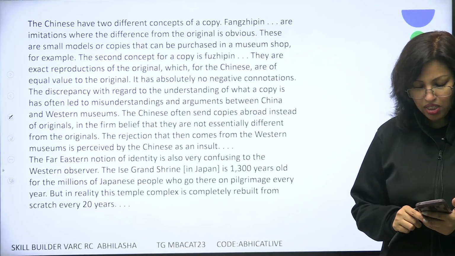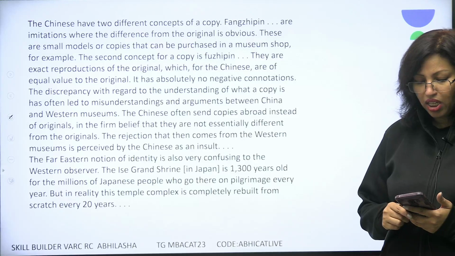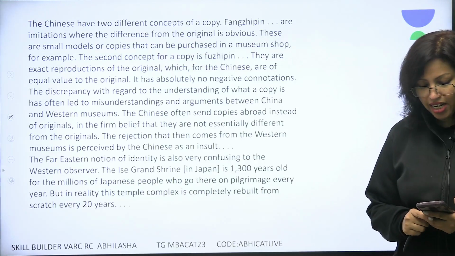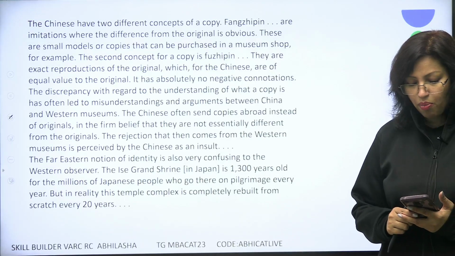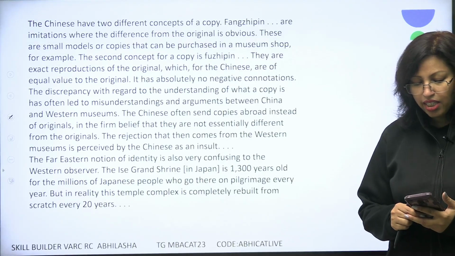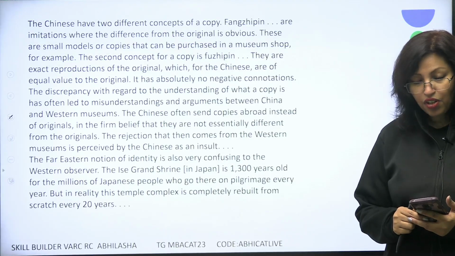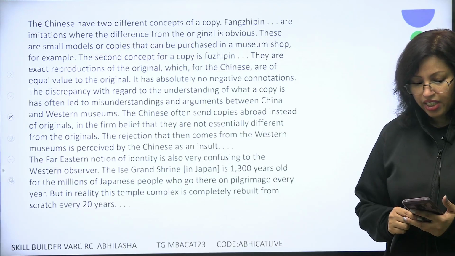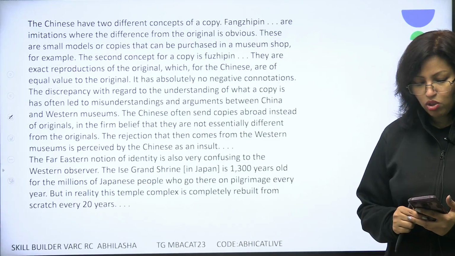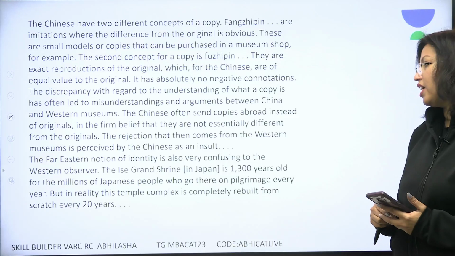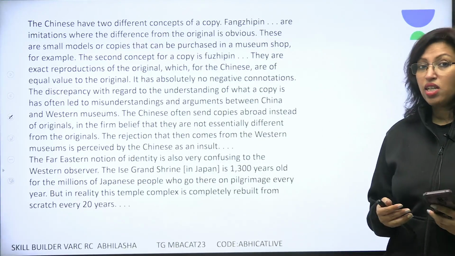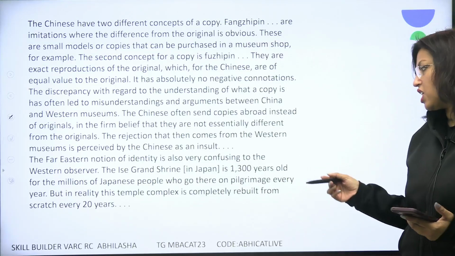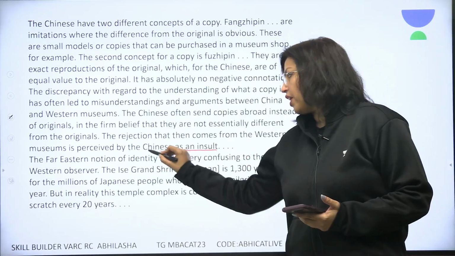The discrepancy with regard to understanding of what a copy is has often led to misunderstandings and arguments between China and Western museums. The Chinese often send copies abroad instead of originals in the firm belief that they are not essentially different from the originals. The rejection that then comes from the Western museum is perceived by the Chinese as an insult. So they think that it's the same thing. The Western people don't think so, so there is a rejection, and the Chinese find it insulting.